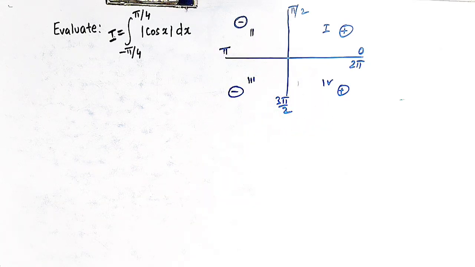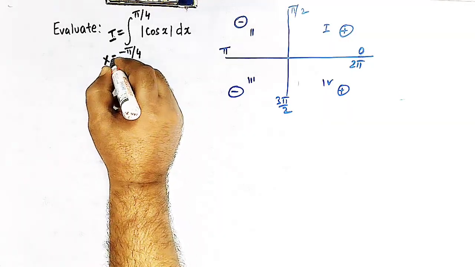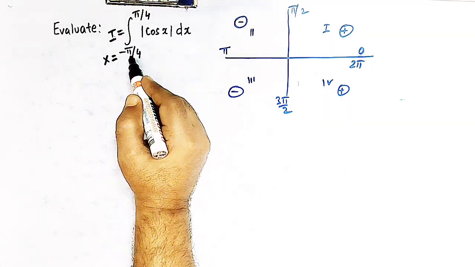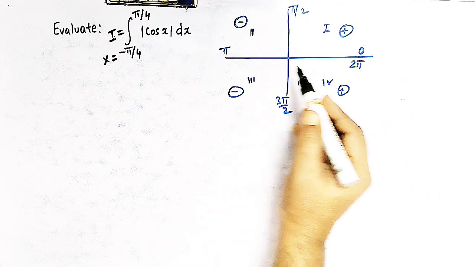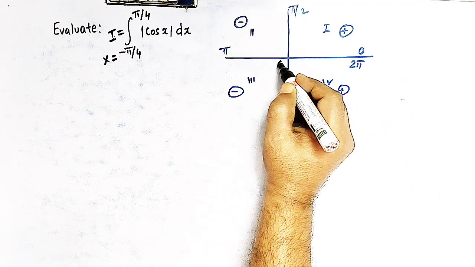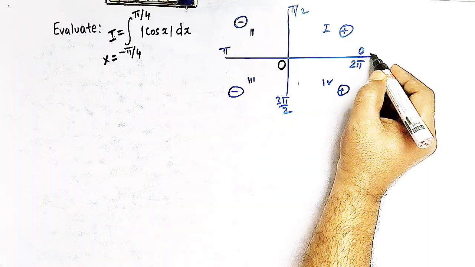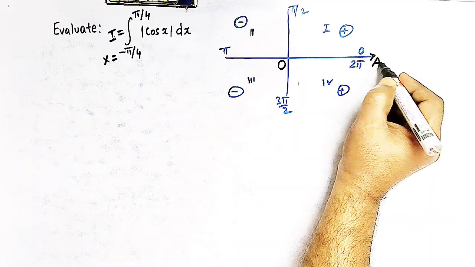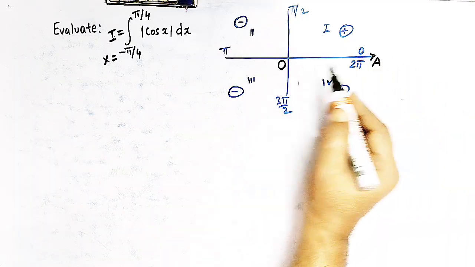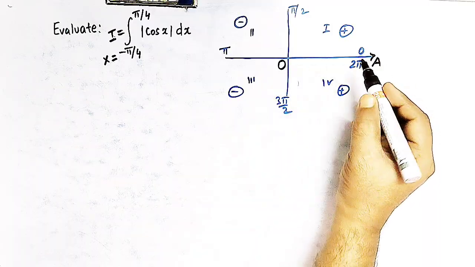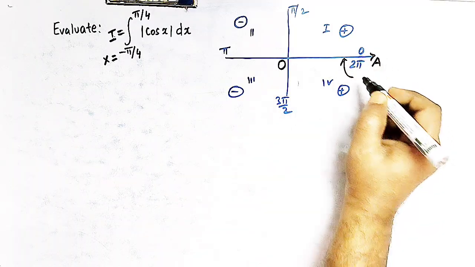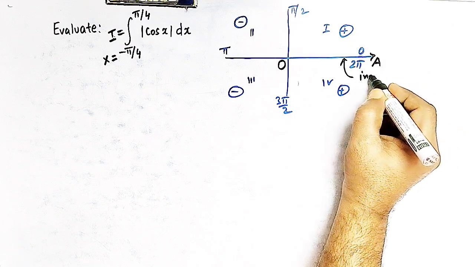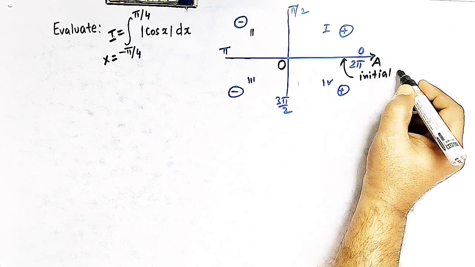So now here the limits of integration vary from minus pi by 4 to pi by 4, right? Now see here we can take say O, and here we can take the point A. So taking these 2 points, that is O and A, let us consider this ray as the initial side, right?